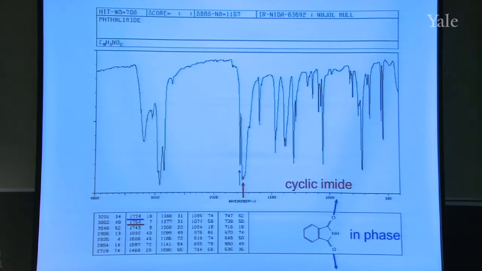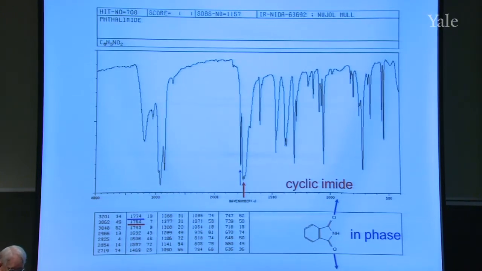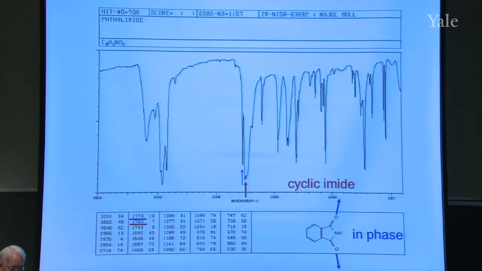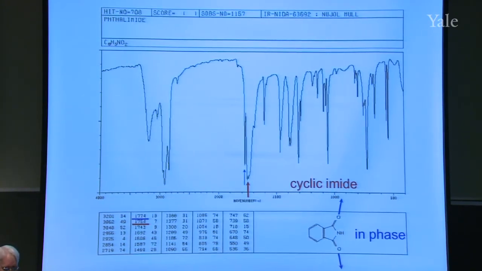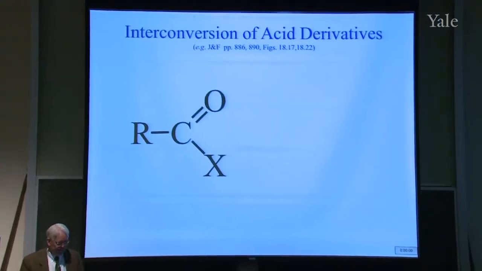But the one where they're in phase here is now very weak. They nearly cancel one another. Okay, so that's just an interesting additional example of IR coupling, but it helps you see how you use the IR to interpret structure, as to whether two carbonyls are parallel or anti-parallel most of the time.